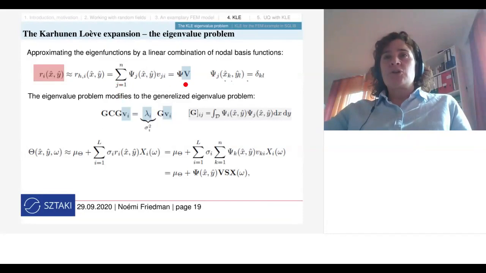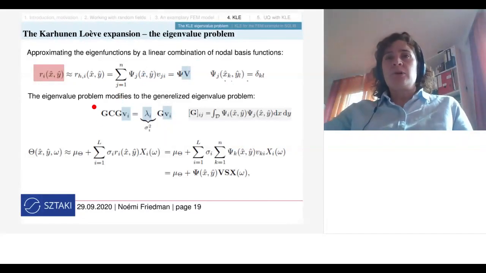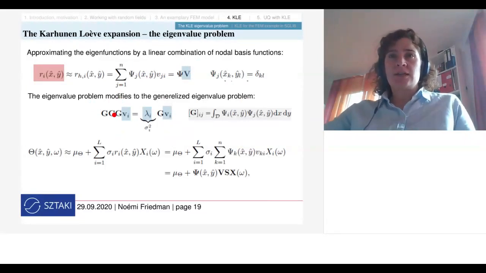With such a description of the eigenfunctions, my eigenvalue problem is modified to the generalized eigenvalue problem that looks like that. Now the only new expression here is the G matrix. The C matrix is nothing new, sorry.